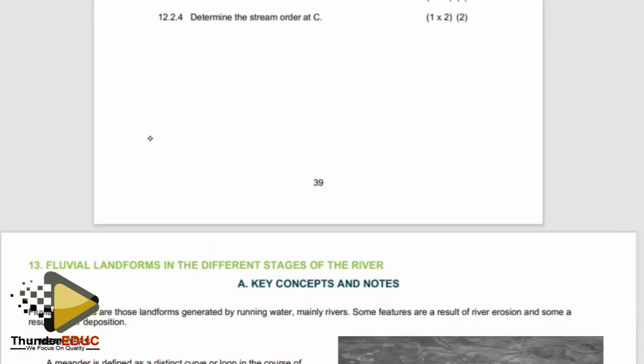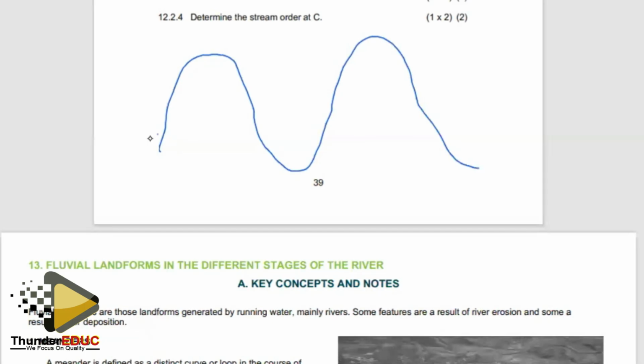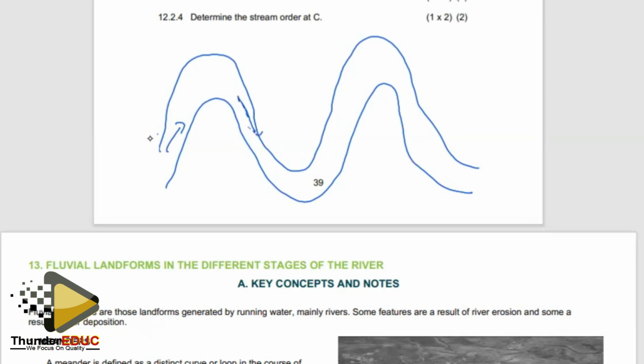We are saying the river channel is not flowing straight, but is taking a winding route. If the river is flowing like this, it's not flowing straight. Our river's direction of flow is that one. It's going in that direction. This river is meandering. This is what we call the meander.